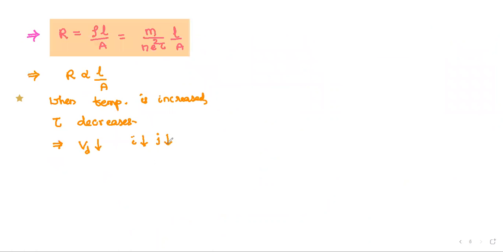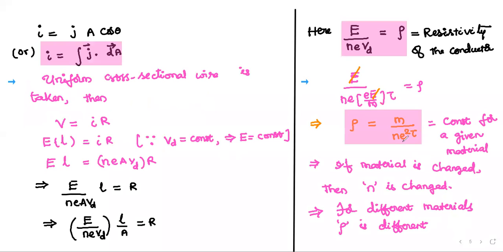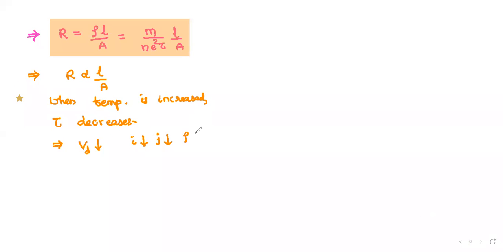J also decreases. And here look, relaxation time decreases, rho increases, inversely proportional. If rho increases, R increases. Hence proved: when temperature is increased, resistance increases for conductors.